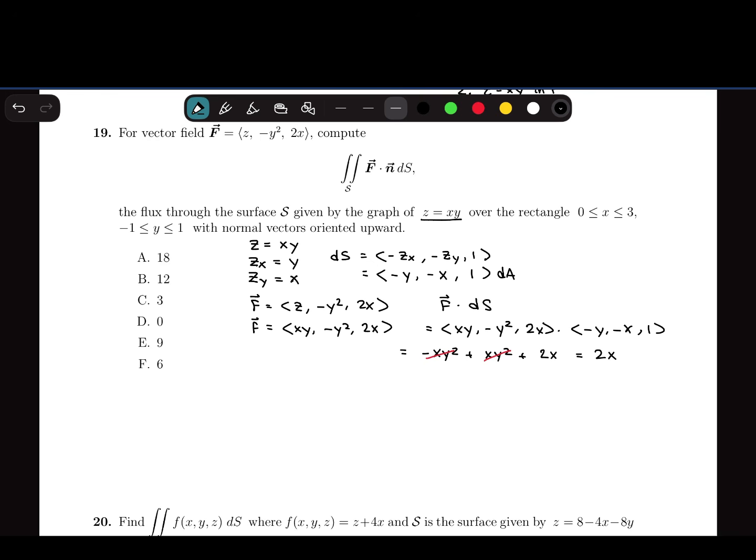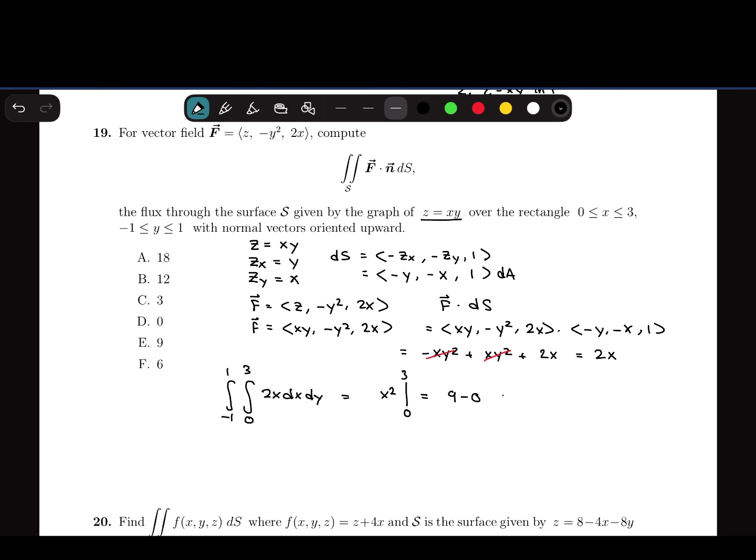Okay, so in this case, now all we have to do is do a simple integration. So choose what bound you want to do, but since there's an x as the integrand, I choose to use dx first. So x goes from 0 to 3, y goes from -1 to 1, which simply gets us x squared evaluated between 0 and 3, which gets us 9 minus 0.